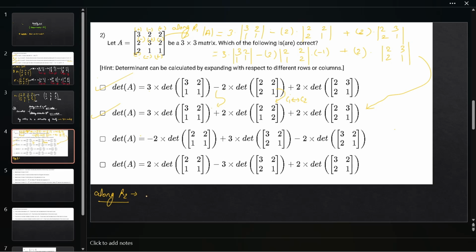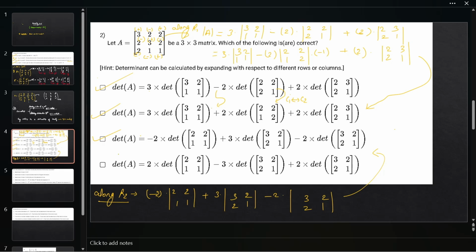Doing that along R2, we start with -2 times 2 2 1 1, then plus 3 times 3 2 2 1, and then again -2 times 3 2 2 1. And this is nothing but our option 3. So option 3 is also correct.